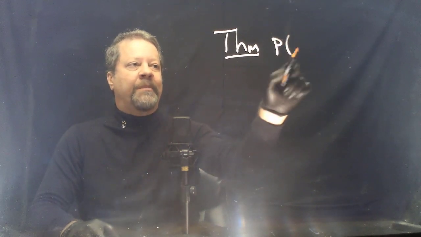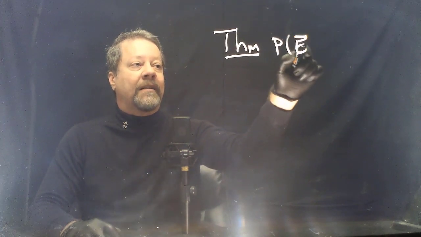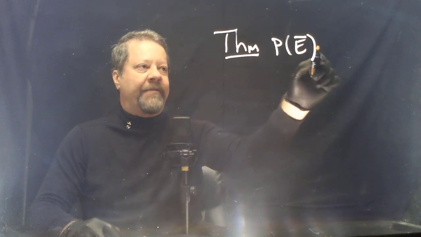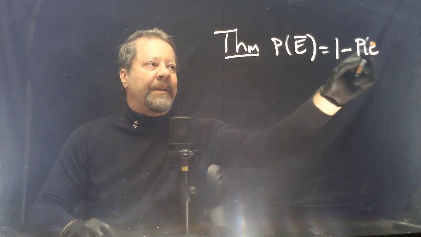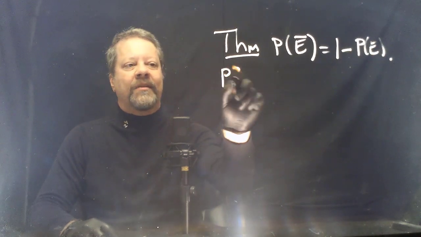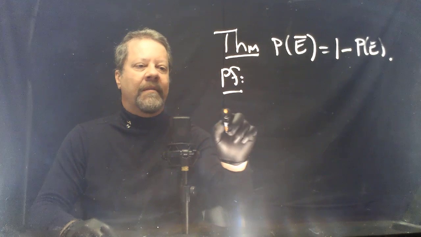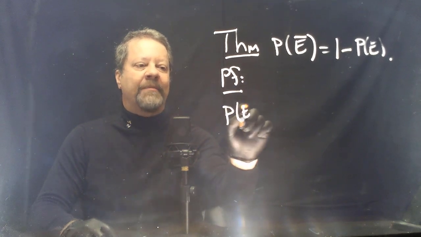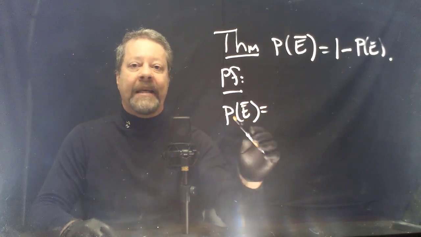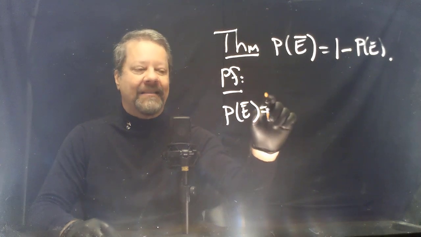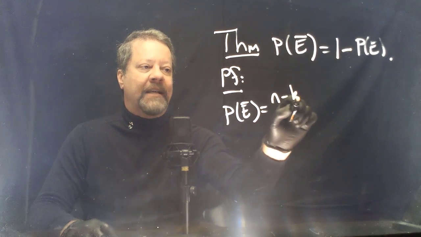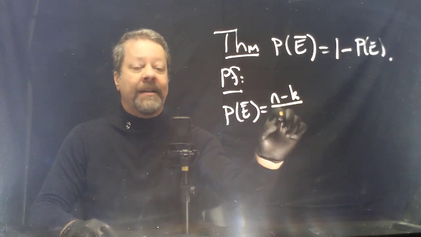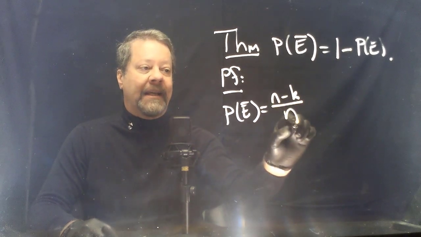There's a basic theorem of discrete probability that the probability of the complement of some event is equal to 1 minus the probability of the event. So let's prove this. The probability of E complement should be the number of things that are not in E but still remain in S, that's n minus k, divided by the number of things in the sample space, namely n.